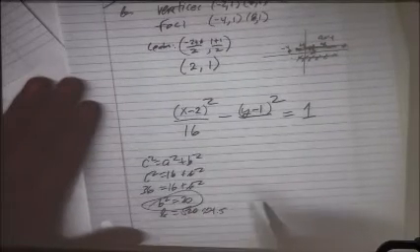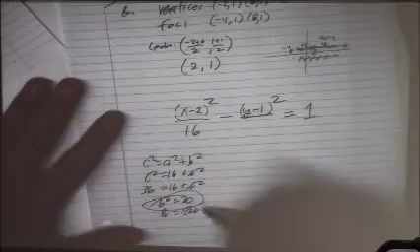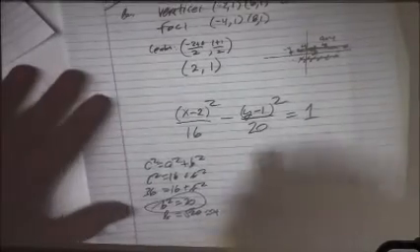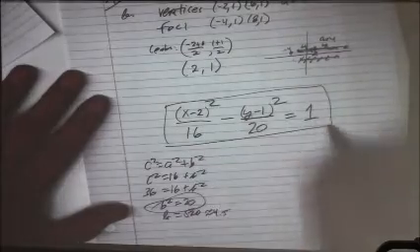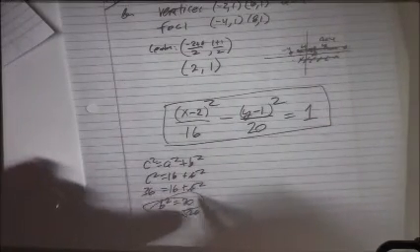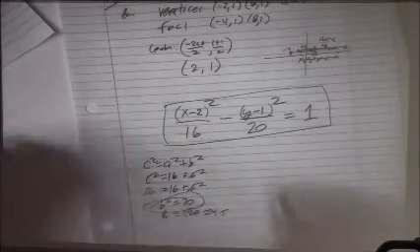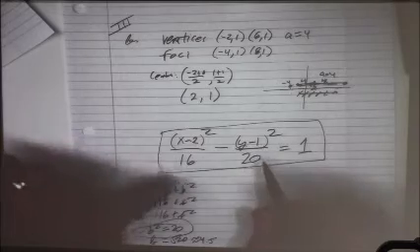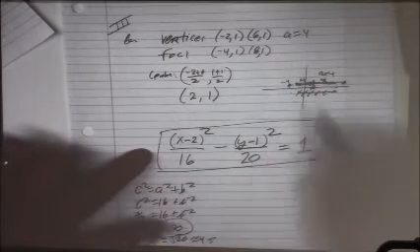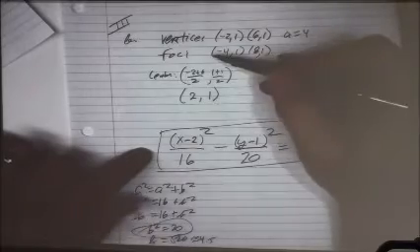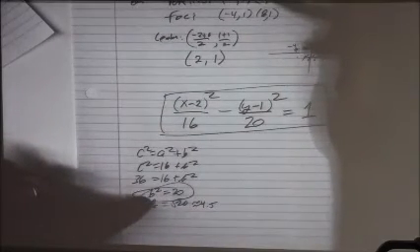All I needed was the 20, all I needed was b squared. Done. So I could use c and c squared to help get me b squared, and I didn't even have to go to 4.5 as an approximation because I'm not graphing it. All I'm told to do is to make the equation. And I made the equation using the vertices and information I could get from that, and using the foci to help me get the b squared.